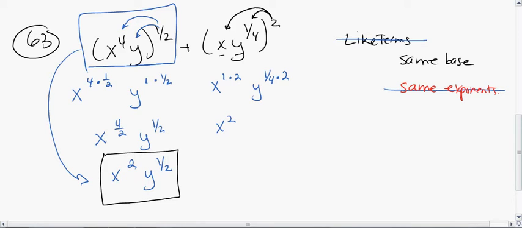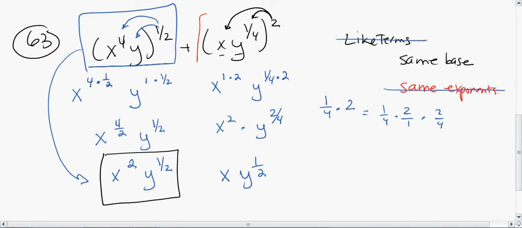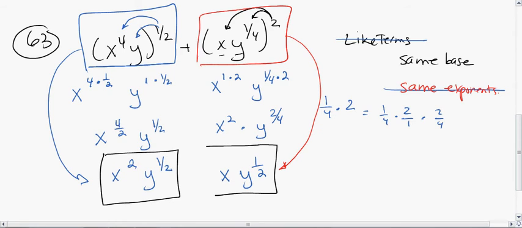That becomes x squared, and 1/4 times 2 is 2/4. 1/4 times 2 is 1/4 times 2 over 1, which is just 2 over 4. And if I reduce the 2/4, I'm going to get x squared times y to the 1/2. All right, so this second term, I've rewritten it, and now it's this term down here.